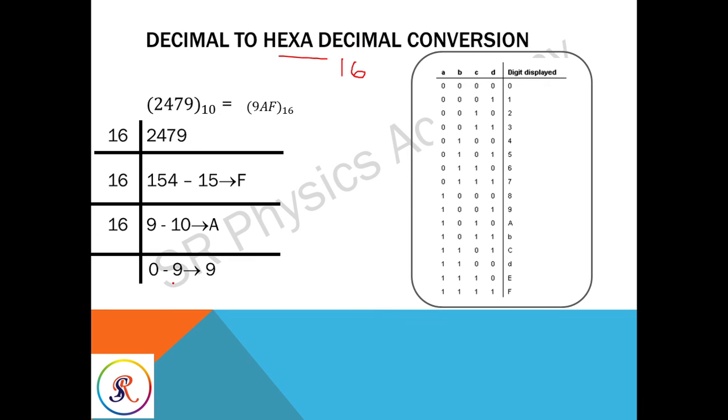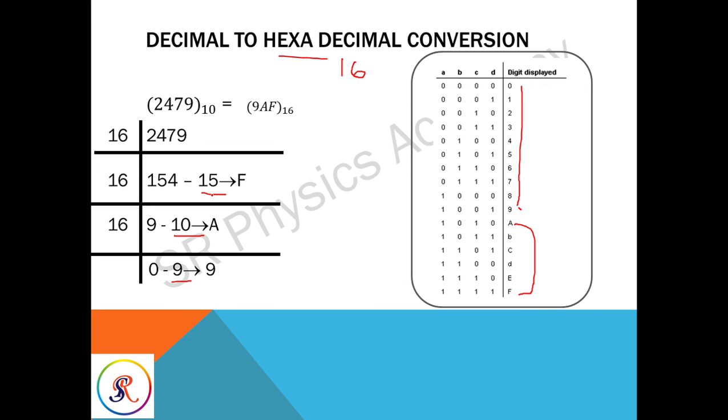We already know 9, we know 10, and we know 15. But in this case, we know hexadecimal, we learn our base 0 to 9, after that A to F. So in this case we got 15.